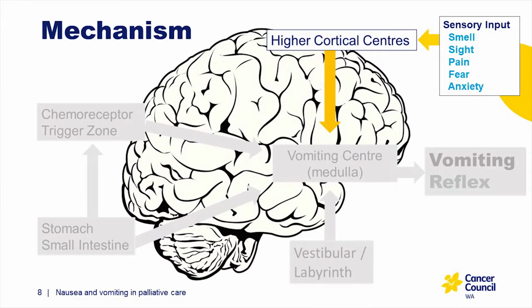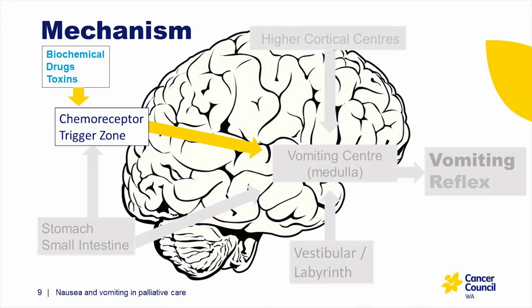When we're talking about the higher cortical centres being involved, we're talking about generally sensory input, and that might be from the smell, as I've already mentioned, the smell of food, for instance. Looking at things, pain can cause you to feel nauseated. Fear and anxiety also can stimulate the feeling of nausea.